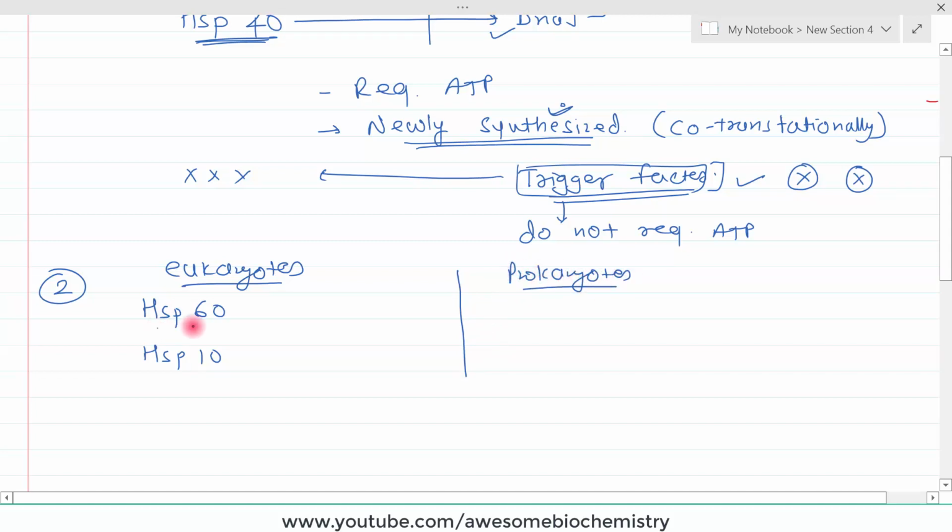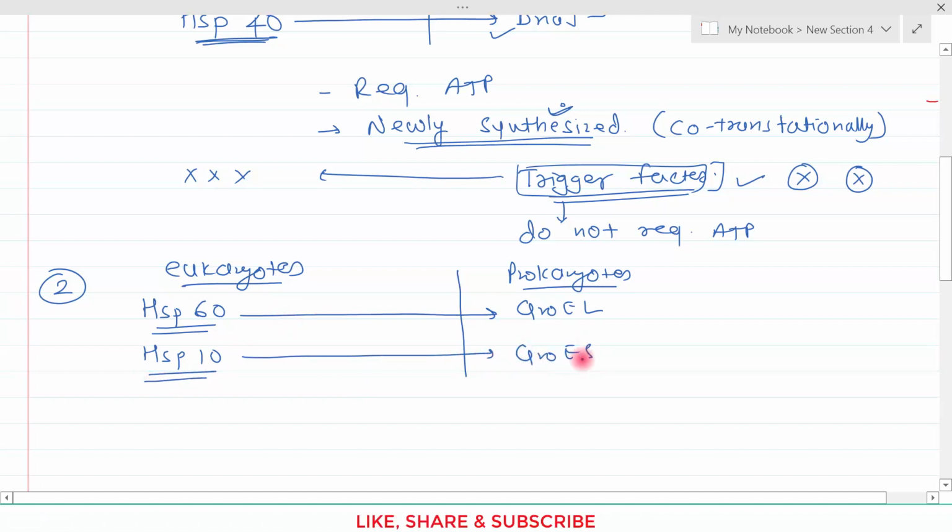Structurally similar to HSP60, there is the GroEL protein in the prokaryotes, and structurally and functionally similar to HSP10, there is the GroES protein. So, whatever function is carried out by HSP60 and HSP10 in the eukaryotes, the same function is carried out by GroEL and GroES in the prokaryotes.